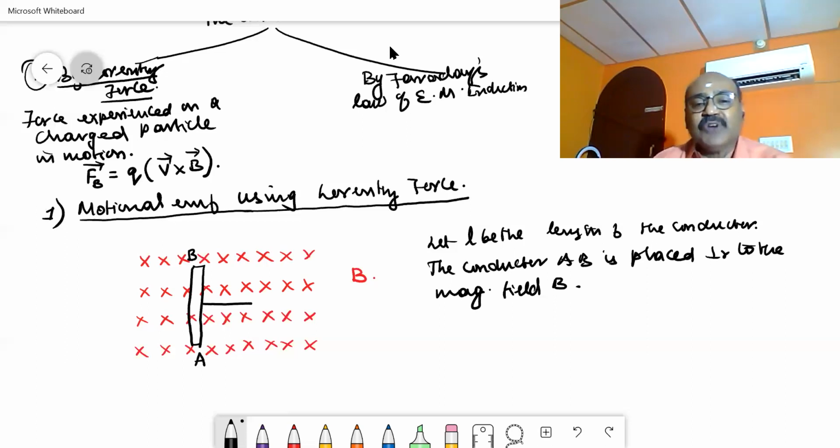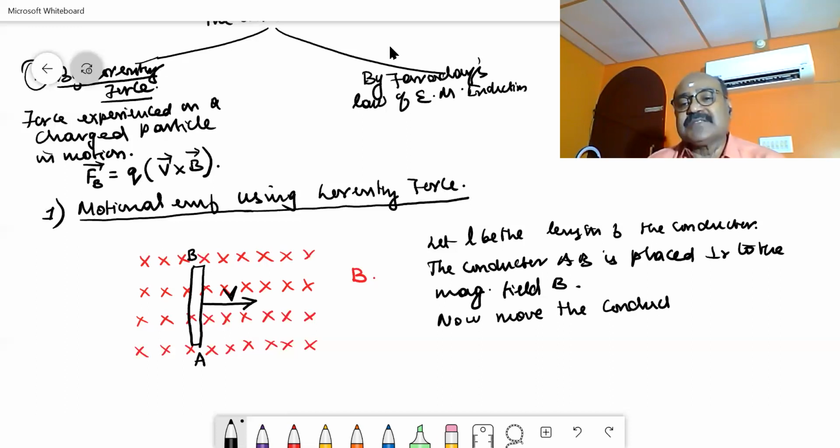So now you move the conductor towards the right with a velocity v.